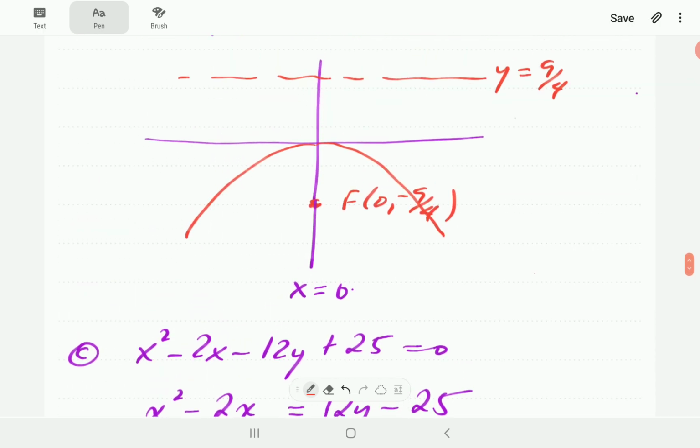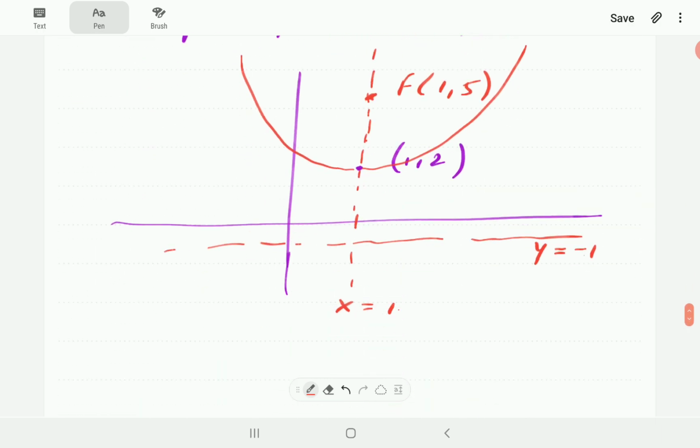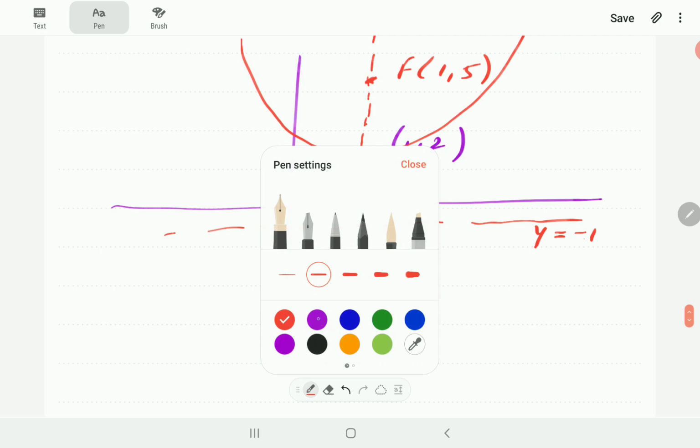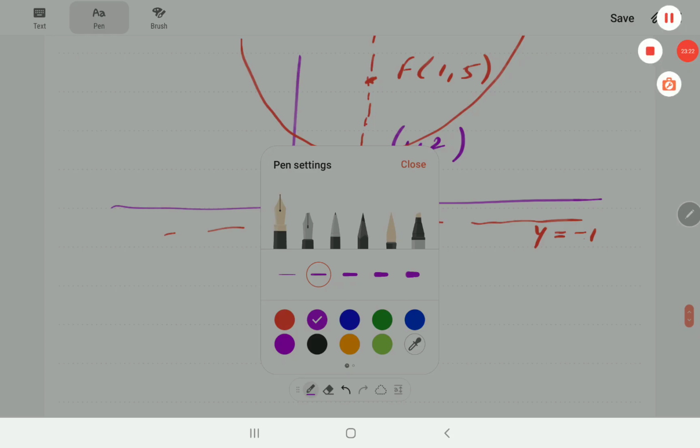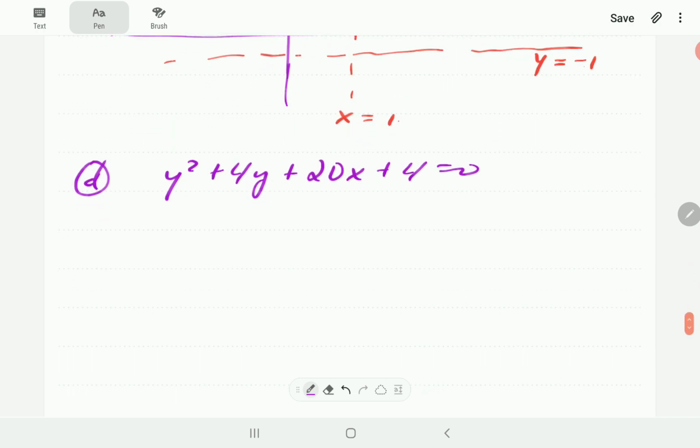Let's go to the last one, which is D. So in D, we have y squared plus 4y plus 20x plus 4 equal to 0. So we're going to do the same thing.